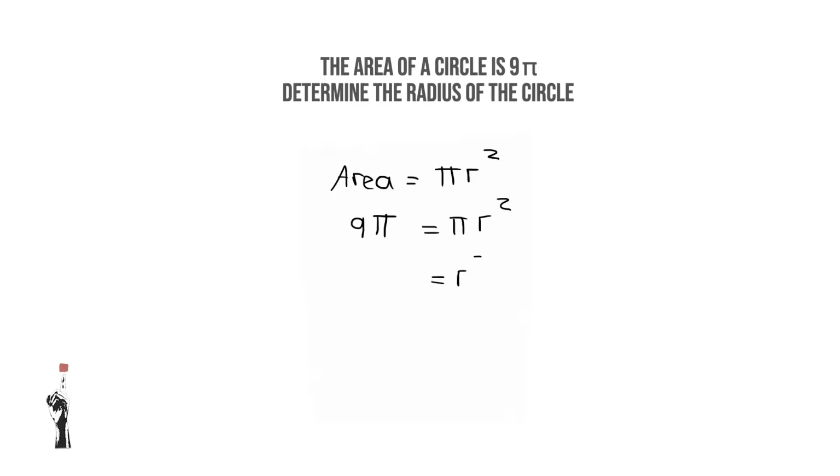To get r squared alone on the one side, I need to say 9 pi divided by pi, which causes the pi's to cancel. And I end up with r squared being equal to 9. To determine only r, I need to square root both sides. That means that r is equal to 3 units.